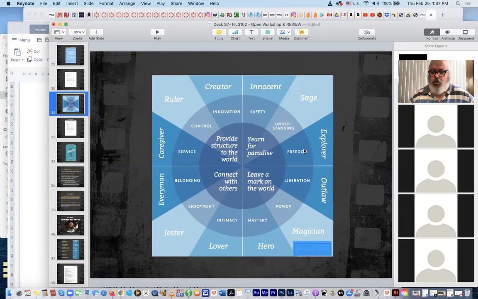Of course, the explorer is interested in their personal freedom, but also in their ability to work outside of their sphere of influence or outside of their safety zone.